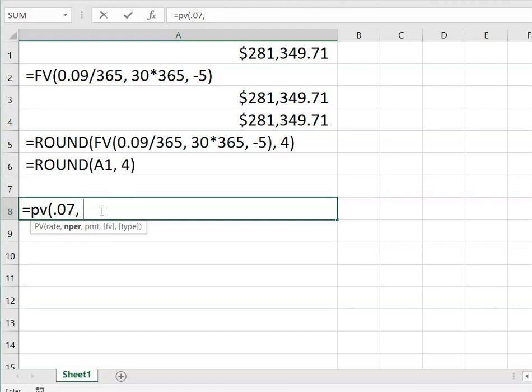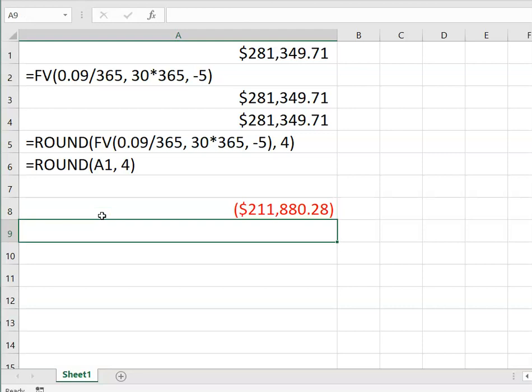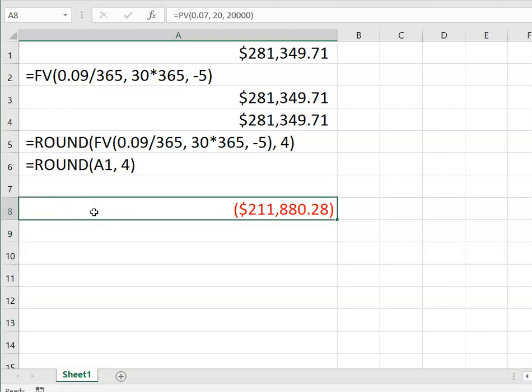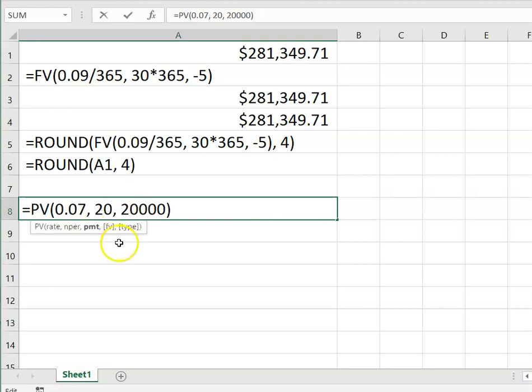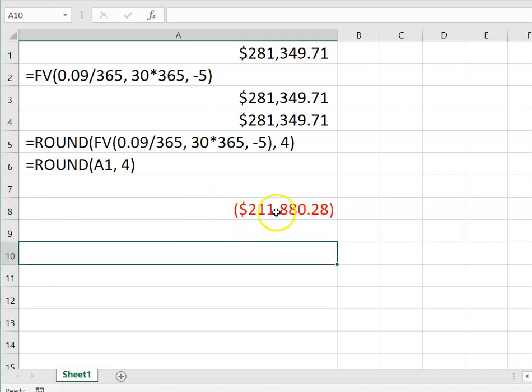Number of periods, we'll get paid once a year, 20. And there's no future value. And that's worth $211,000. So I'd be willing to pay $211,000 to get those payments of $20,000 a year for 20 years.